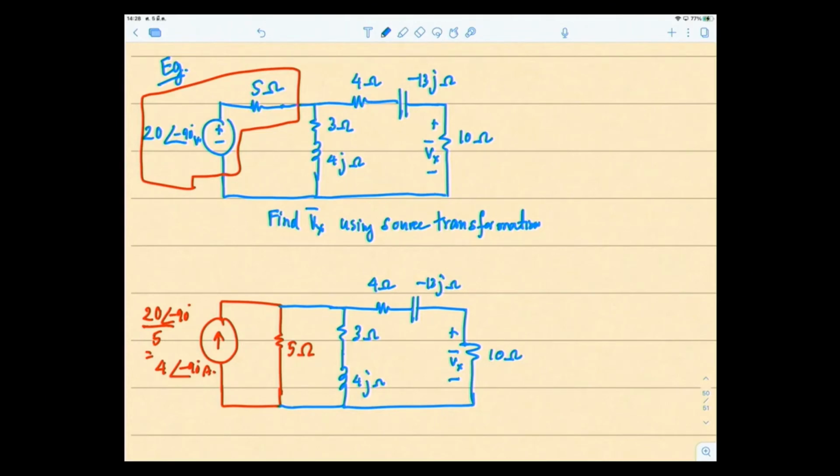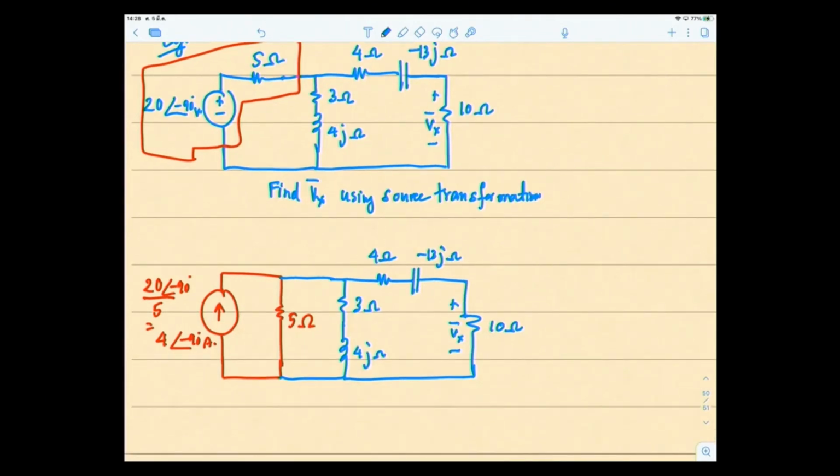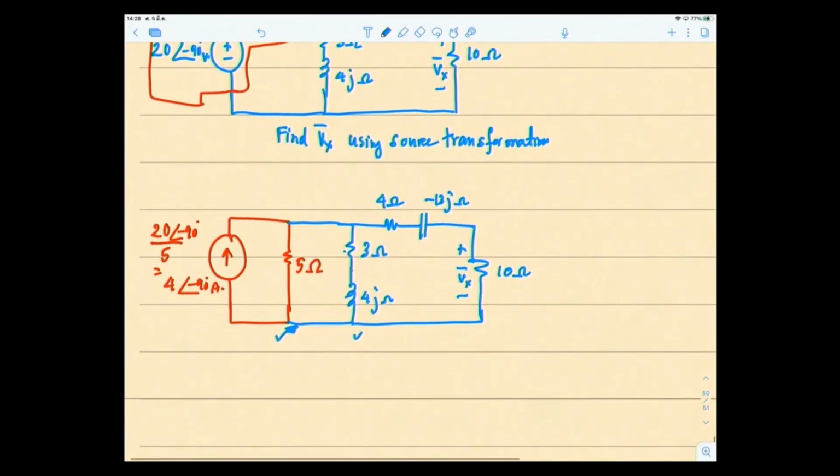Then of course we have to look and recognize that this 5 ohms and this branch here are in parallel to each other, and this 3 ohm and 4j are in series, right? So I can combine this together. So this is 5 parallel with 3 plus 4j. Let's call it Z1.